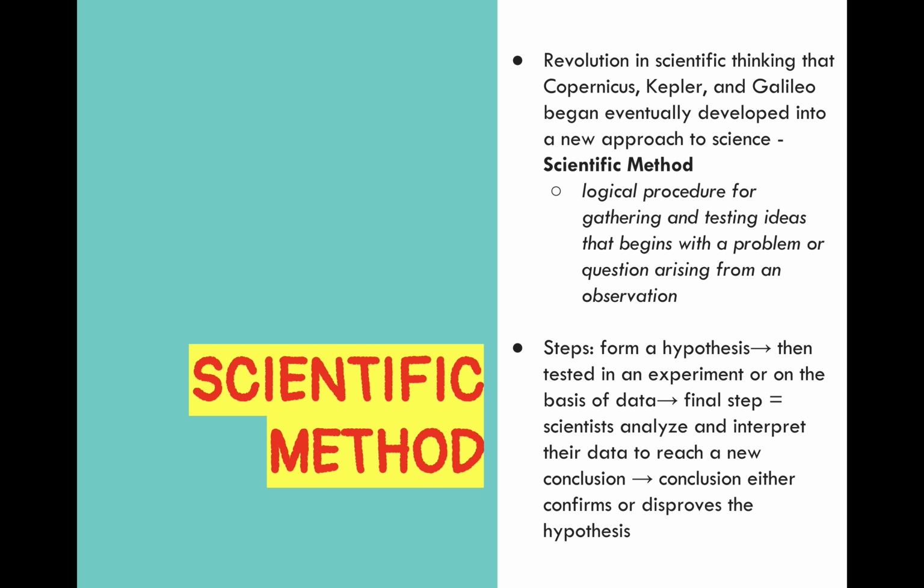So your steps here are form a hypothesis, then test it in an experiment. And then your final step is that scientists analyze and interpret their data and reach a new conclusion. And the conclusion either confirms or disproves your hypothesis, right? Everything you guys do in your science classes.